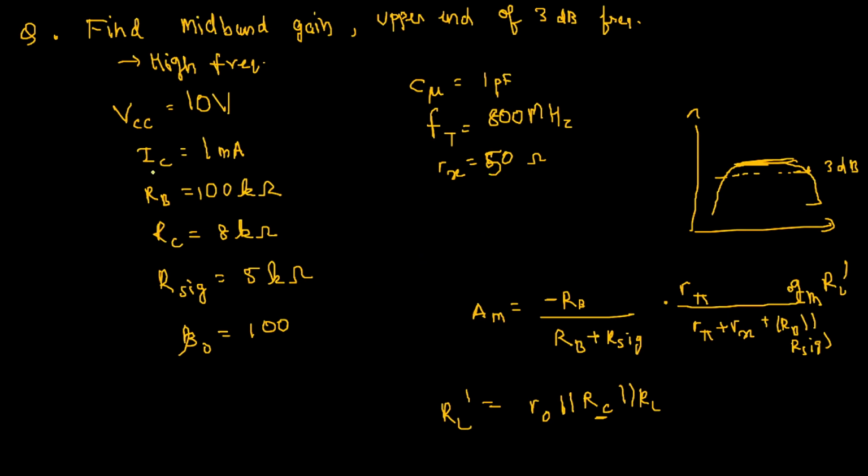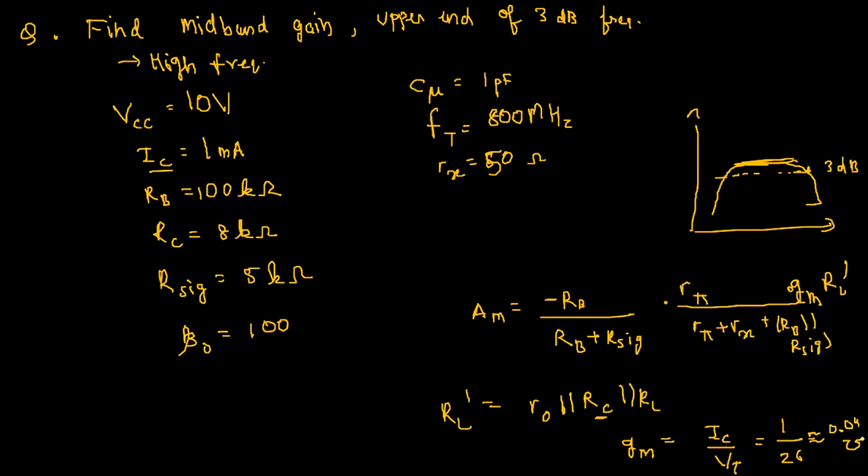we have IC, right? So we know that GM is equal to IC divided by VT. So we can write that as 1 divided by 26, which gives me approximately 0.04 Siemens.